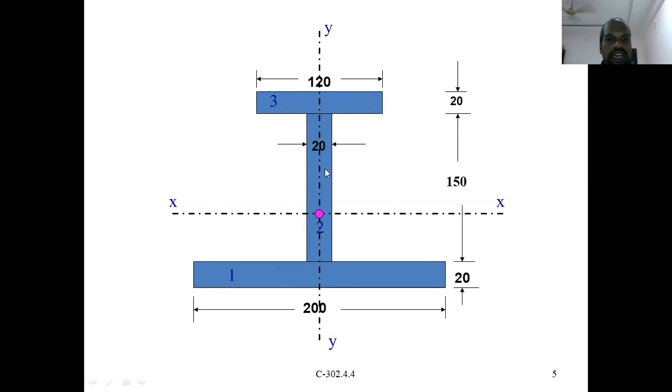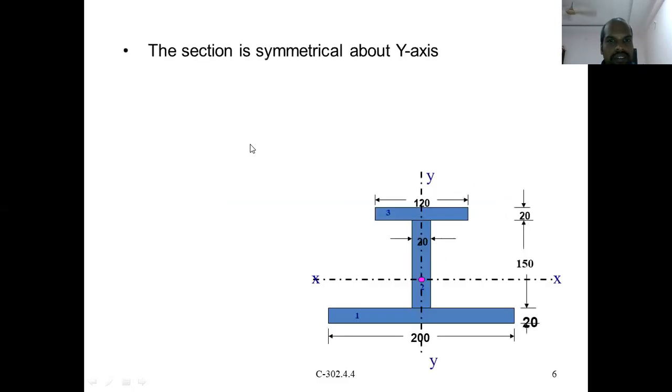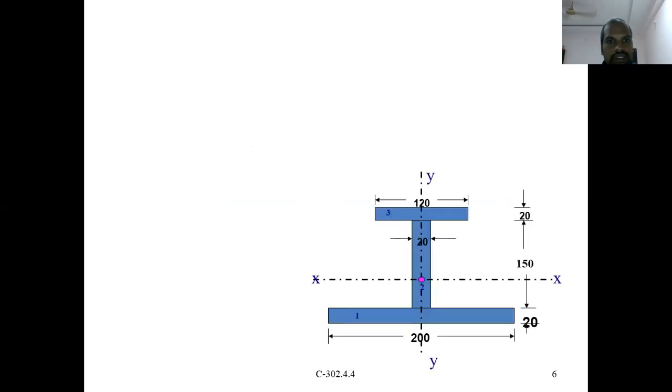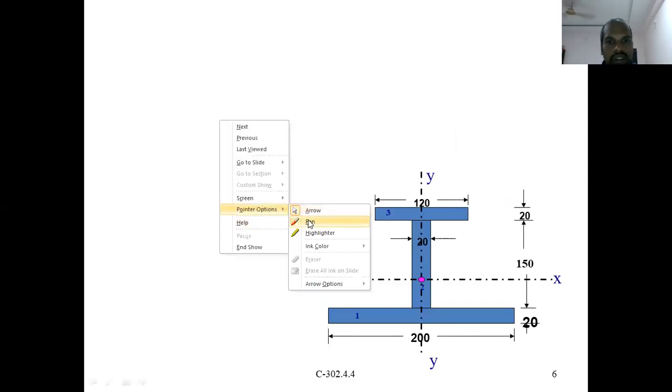This is one rectangle, this is another rectangle, and this is another rectangle. So let us give the numbers.